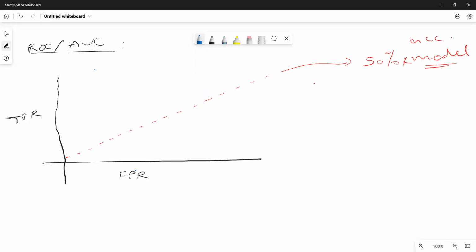So how many positives are predicted? And this is actually 1 minus FPR, not FPR. So true positive and 1 minus FPR. If I'm able to get a graph something like this, that means the distance between the dummy model or a 50% accurate model and the other model should be maximum.